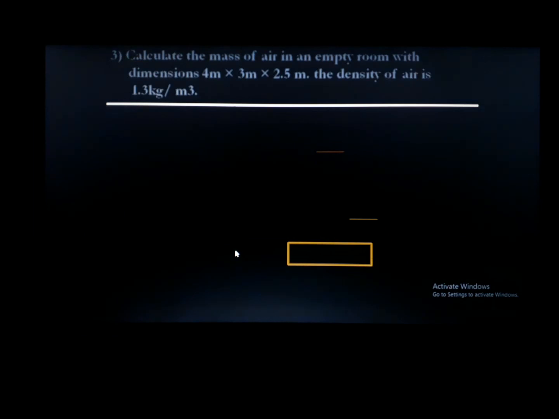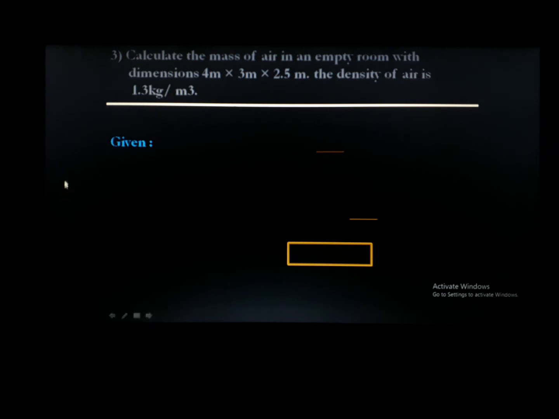So the next problem, calculate the mass of air in an empty room with dimensions 4 meter into 3 meter into 2.5 meter. The density of air is 1.3 kg per meter cube. So first list out the given data.